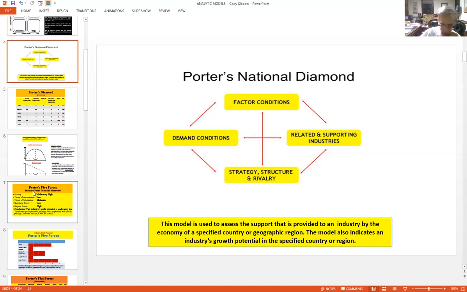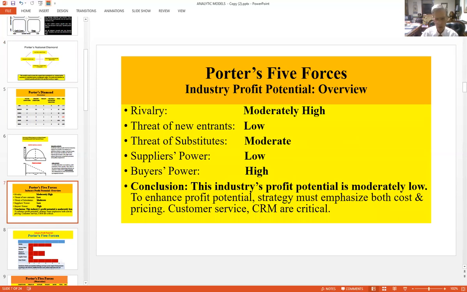Okay, so here we are now with Porter's five forces. I think you've probably heard of it before. I just assume that because it's a very popular industry analysis model. So each of your firms should do an analysis of Porter's five forces to assess the industry's profit potential.